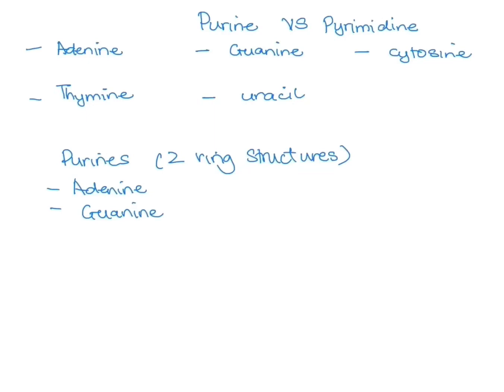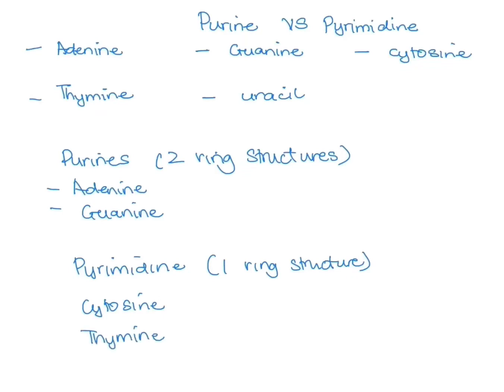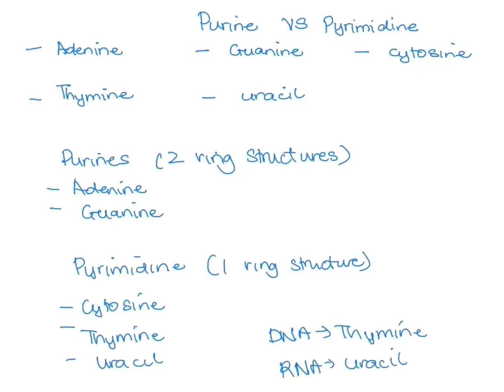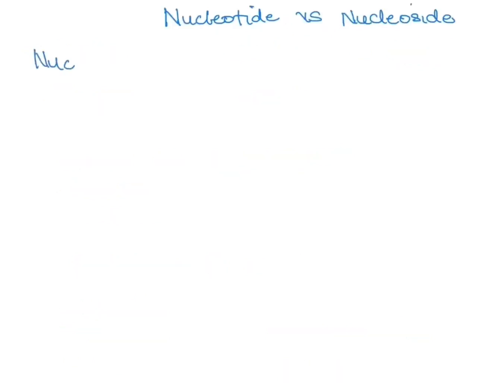Pyrimidine has one ring, and these are thymine, cytosine, and uracil. DNA is different from RNA in that it has thymine while RNA has uracil.